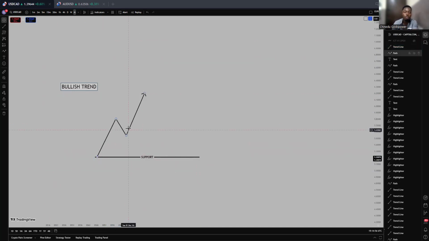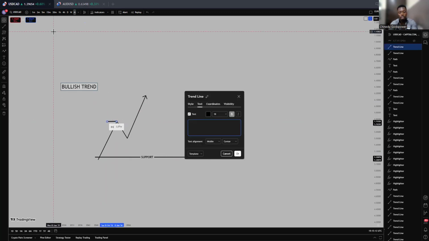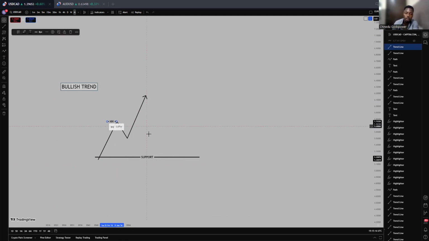So price is coming from a level of support. And our price has broken out and given us a higher high right here. You're going to note this as HH, higher high. I'm going to put this at the far end.